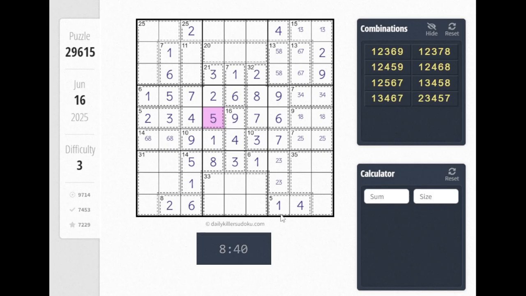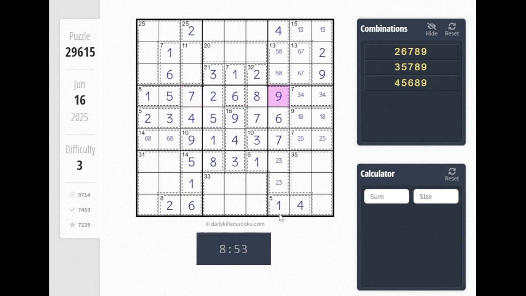2, 3, 4, 5. It's going to be 14, right? Yeah, 14, 7. Okay, this is still 3, 8. So all of that was right.